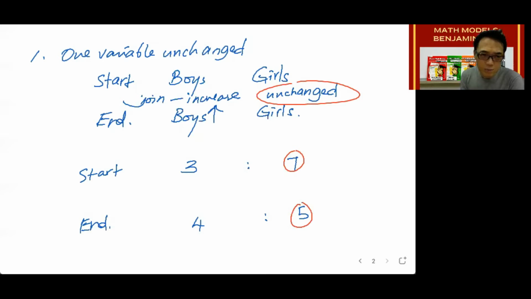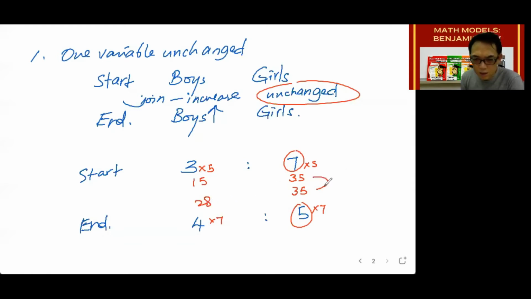And since they are supposed to be the same, we will multiply this by 5 and by 7 so that both of them will become 35. What you need to do then is also multiply this by 5 and this by 7 so that you get two new numbers, 15 and 28.